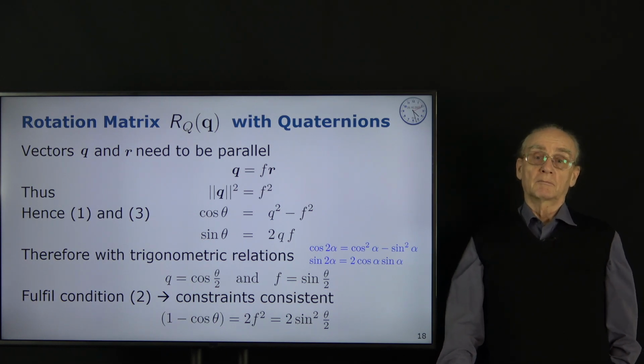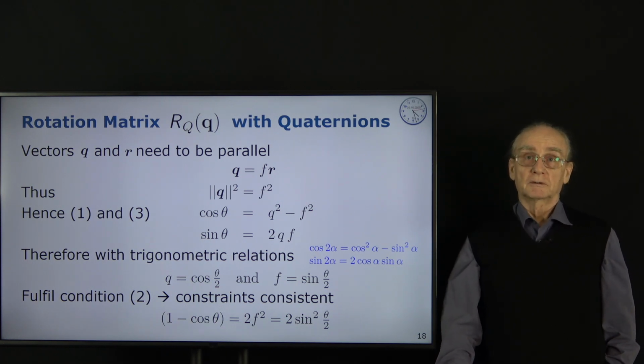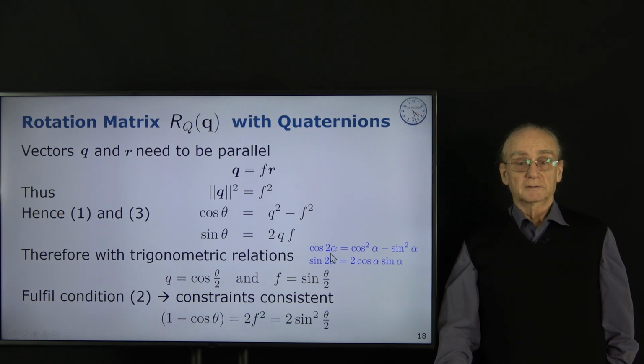If you now remember your trigonometric knowledge from the first year in higher mathematics, you have learned the cosine and sine of the double angle. The cosine of the double angle is cosine square minus sine square, and the sine of the double angle is the product of cosine and sine multiplied with 2.